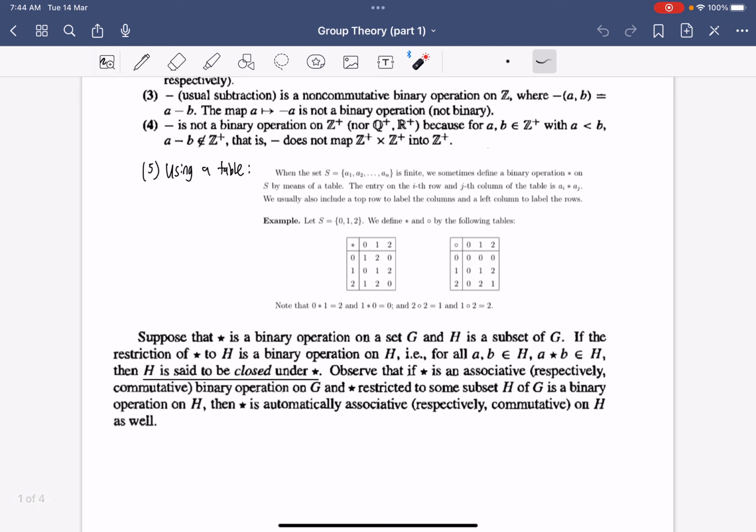And suppose star is a binary operation on G and H is a subset of G. Then if H is closed under operation star, it means that the binary operation restricted to H will also be a binary operation on H. So you're saying that for all A, B in H, A star B is still in H. And then we say this is closed. And any properties from the bigger set can be passed down when restricted to the smaller set.